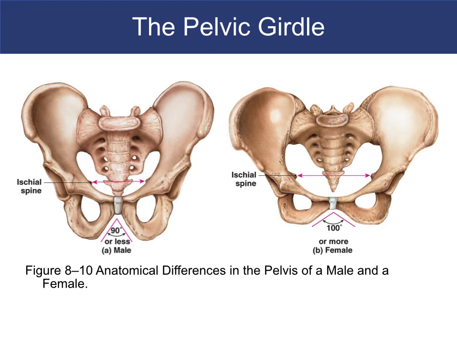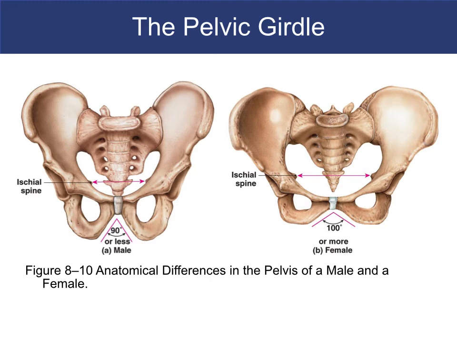Notice that this big opening here is a good bit bigger in the female than in the male. These ilium are more in in men, and more out in women. The sacrum hooks more in men and stays back in women, once again to make a bigger outlet there.